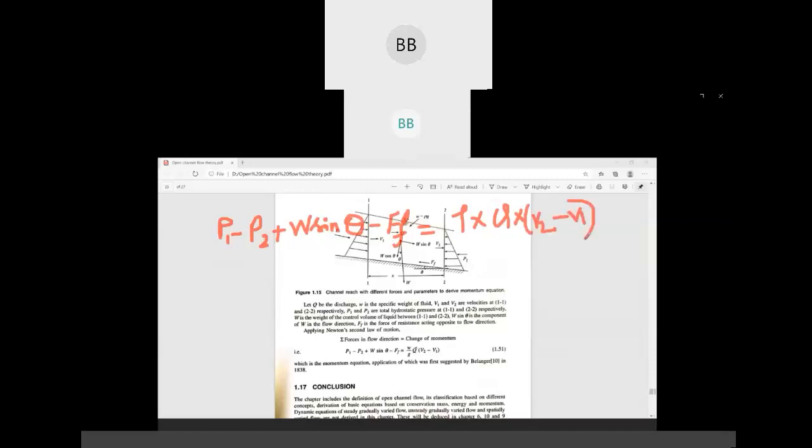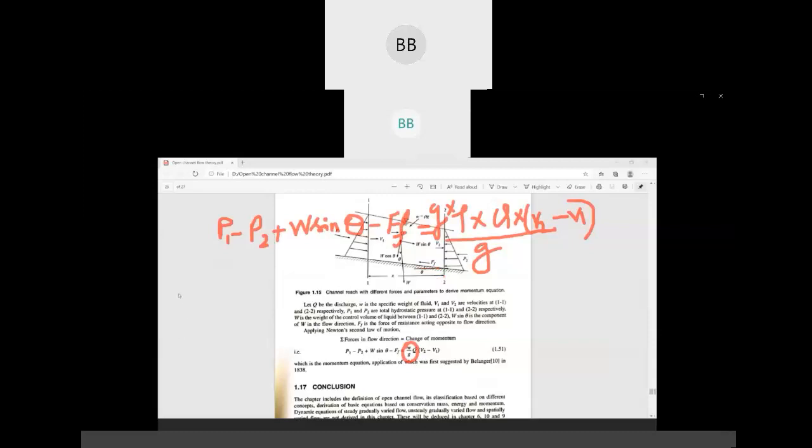If you want, you can keep this equation till here. But if you see here, it is given as specific weight by gravity, so we are going to multiply by acceleration due to gravity in numerator and denominator.